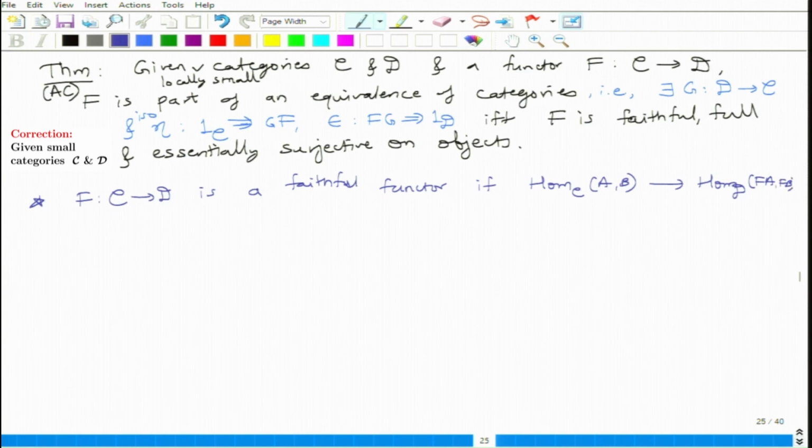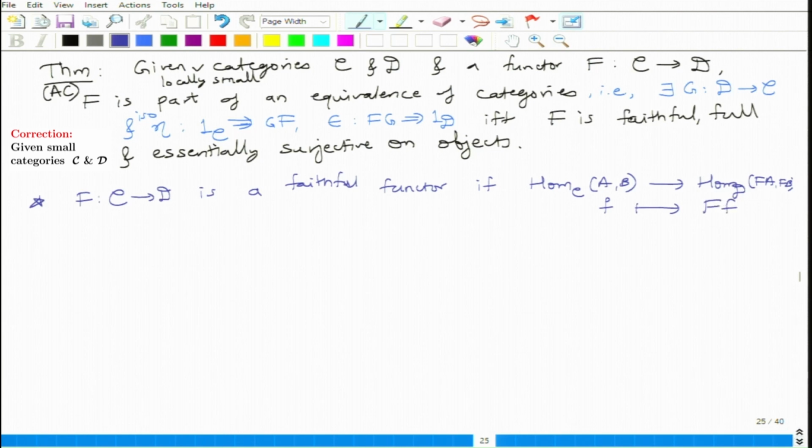Okay, so every morphism from A to B goes to a morphism from FA to FB. That's what this functor does. It takes a morphism f and maps it to Ff.